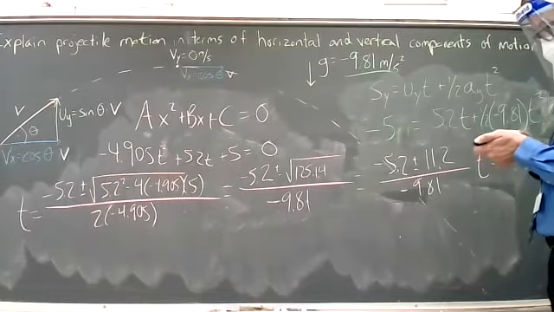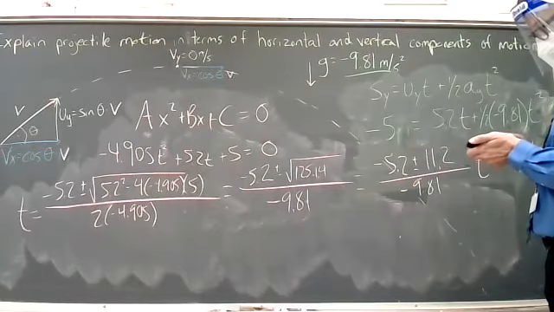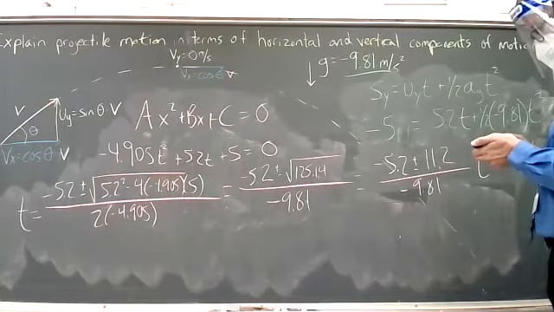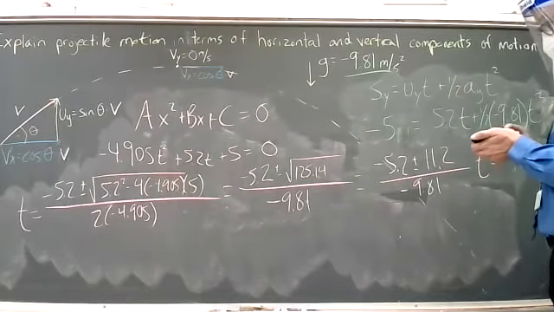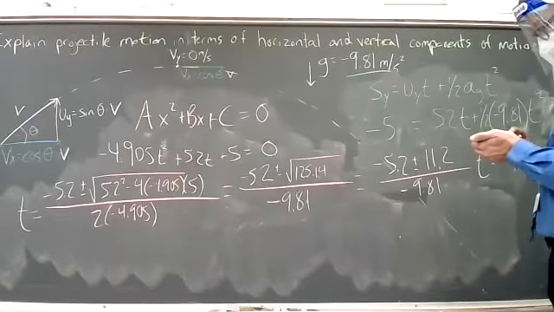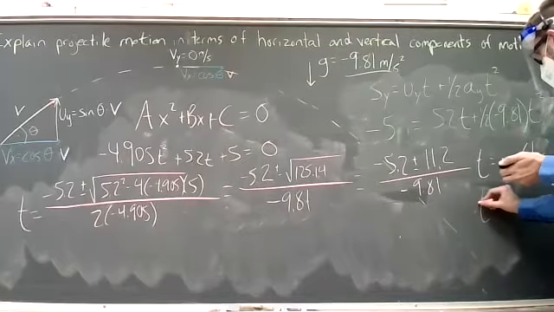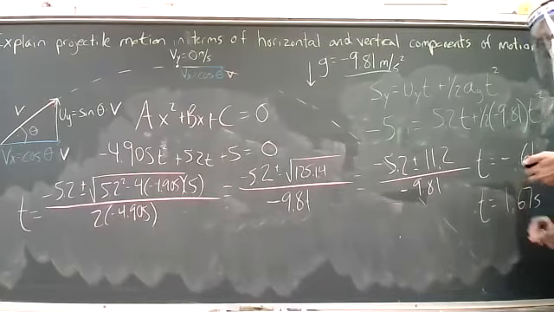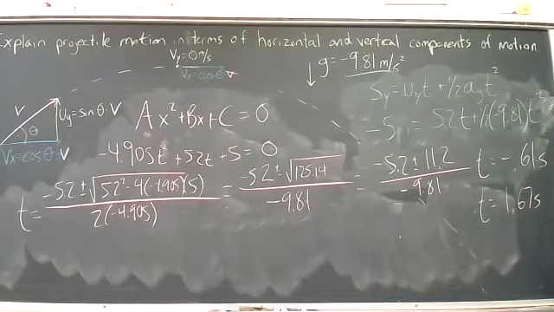That's negative 16.4 divided by negative 9.81, which gives us an answer of positive 1.67 seconds. So the tennis ball either lands on the ground after negative 0.61 seconds have elapsed, or after positive 1.67 seconds have elapsed.